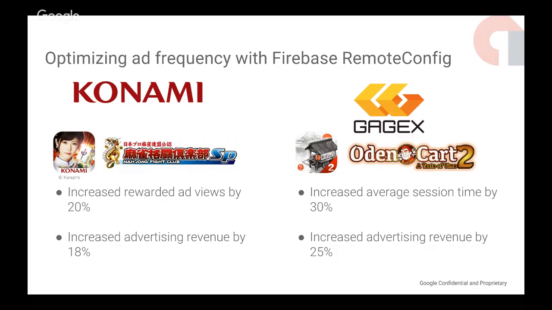And on the other hand, they doubled rewarded video frequency as well. So the interesting thing that happened is they doubled all their ads frequency, and they increased both average session time and advertising revenue. That's actually what I really want to share with you, and it can be done.